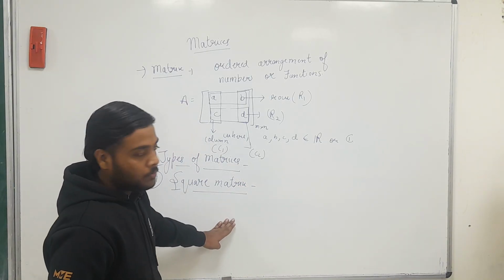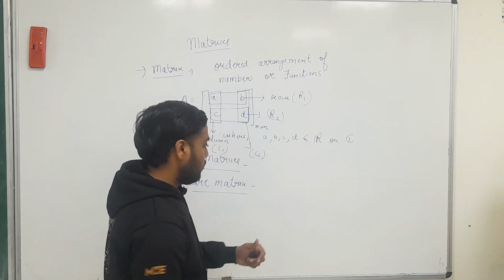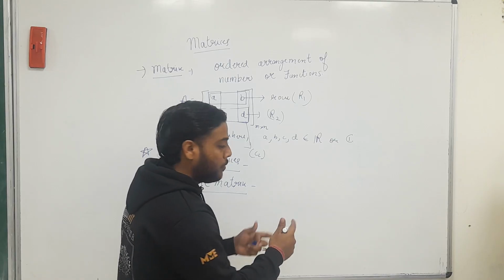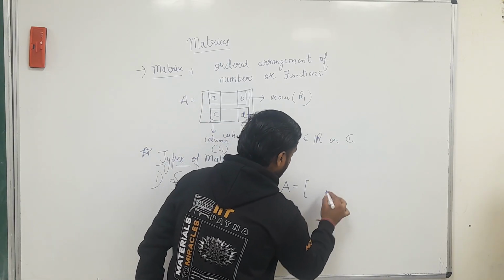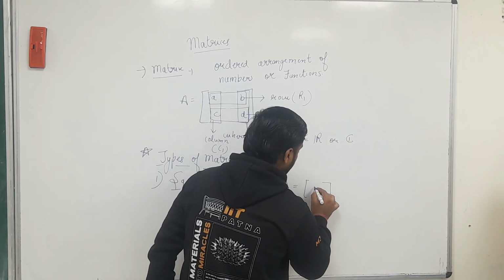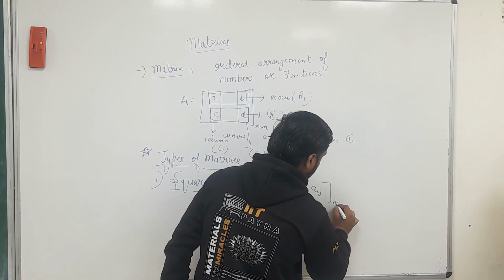So for square matrix, let in general matrix A look like this, whose entries are aij, whose order is n cross n.